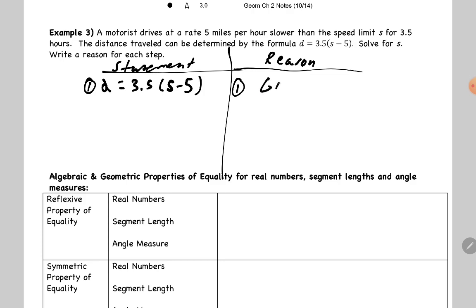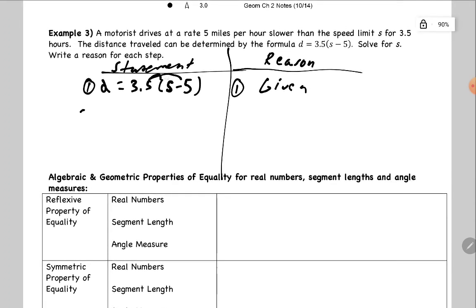So remember, this was given. And then we're going to go ahead and use distributive property. Actually, no. We're trying to solve for S. So let me rewrite that. d = 3.5(S - 5).